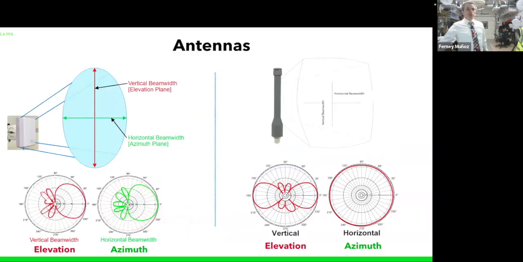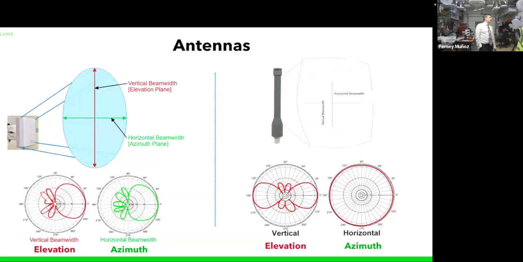There are certain characteristics of antennas that we as Wi-Fi professionals have to be aware of, and when we are designing, we have to know which type of antennas. As Tom was saying earlier, it depends on what you need to do. Low gain, high gain is for specific environments. So let's try to explain and understand better what that means.